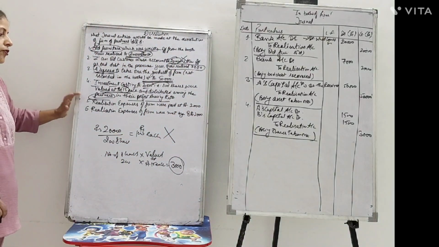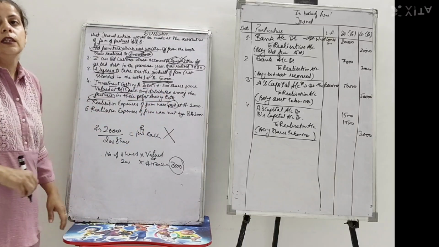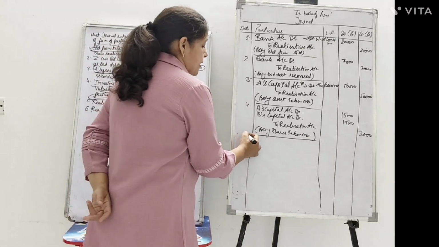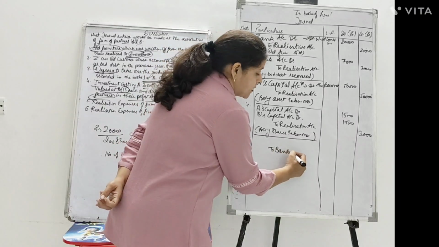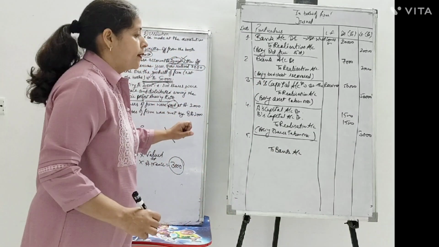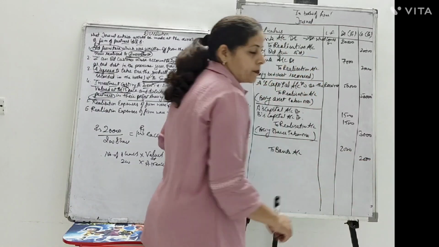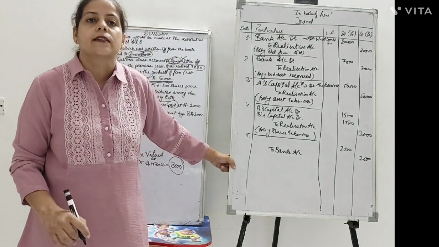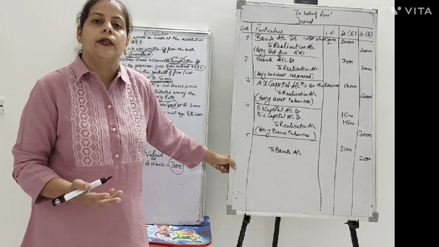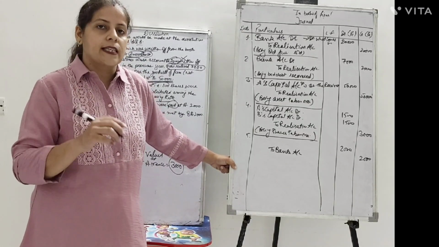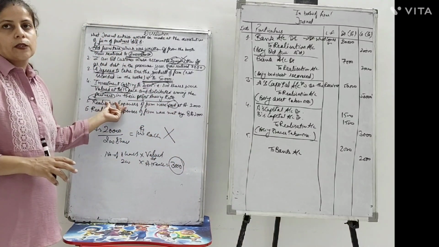Now coming to point number 5. Realization expenses paid by the firm. When the realization expenses are paid, what is going out? That is money. For what purpose? To meet the dissolution expenses. When the firm is dissolving the assets and making payment of the liabilities, there would be some incidental expenses which are named realization expenses.